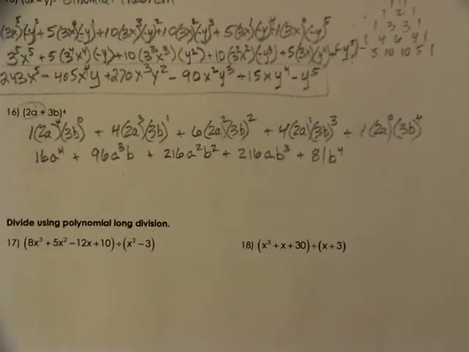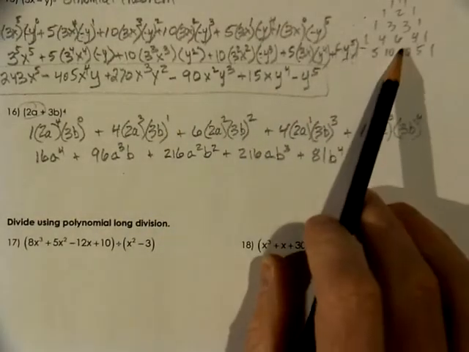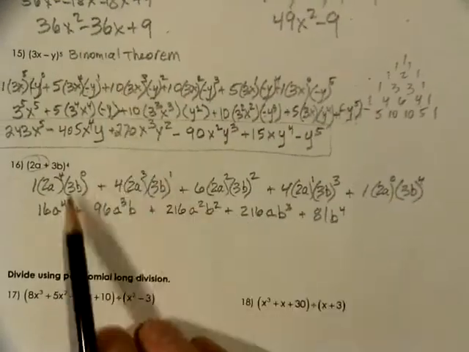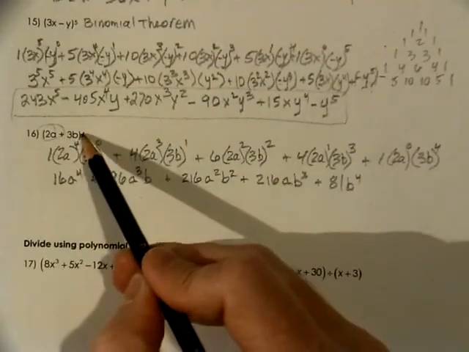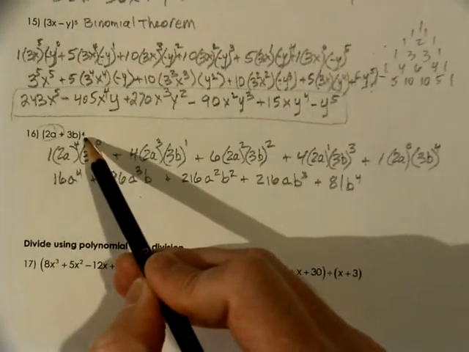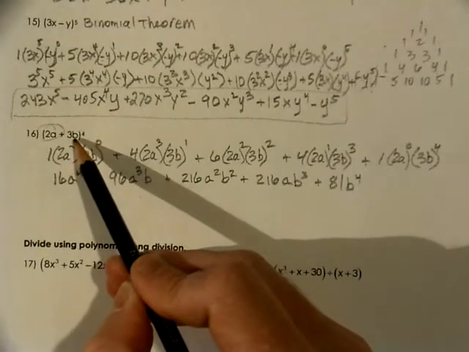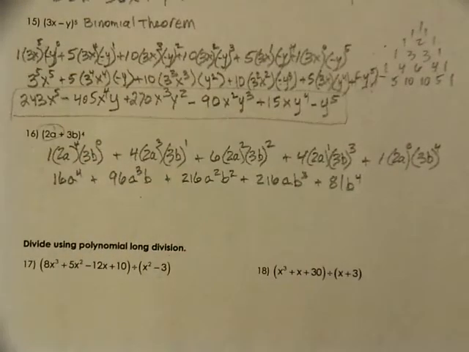So you can see how Pascal's triangle and binomial theorem really make multiplying this out a lot easier than if you were to do it just by writing it out the long way.